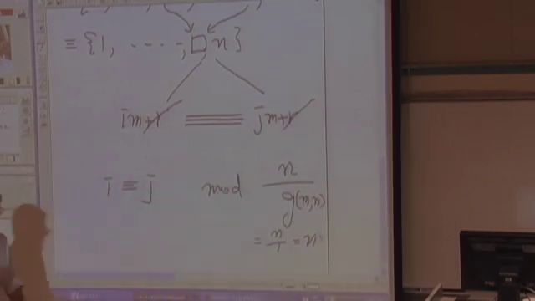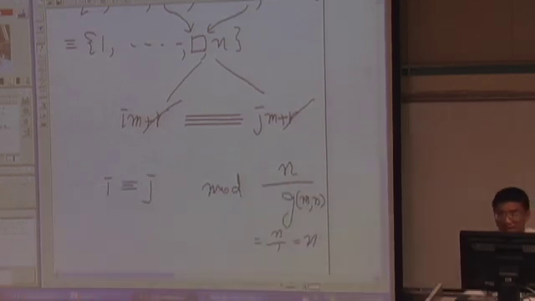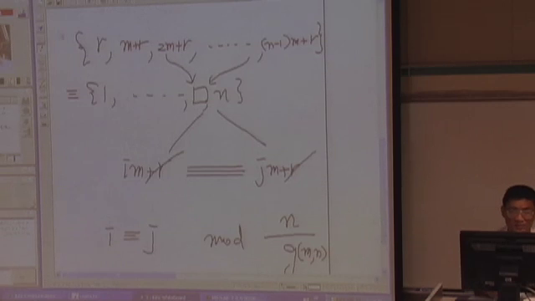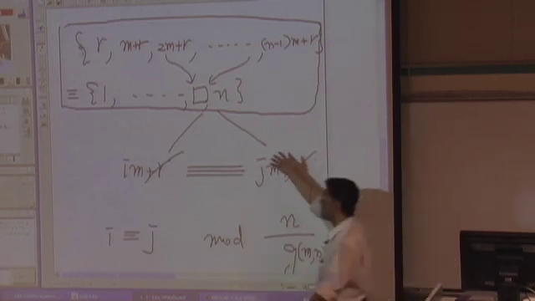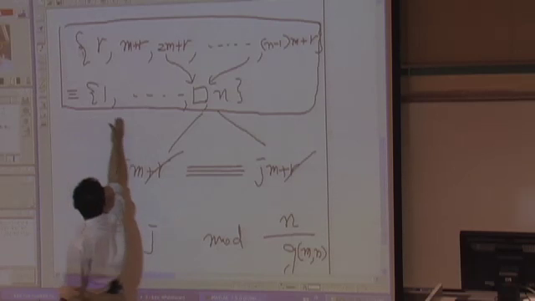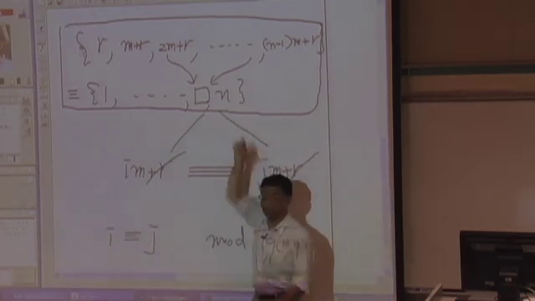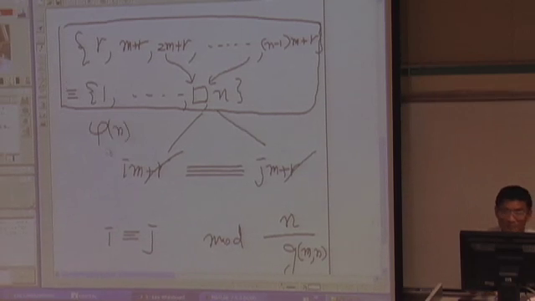So because of this reason, this statement is true, right? This claim is true. And then how many entries are relatively prime to n among these things by the definition of the phi function? How many entries are relatively prime to n by the definition? Phi of n. So in each column we can find phi of n.